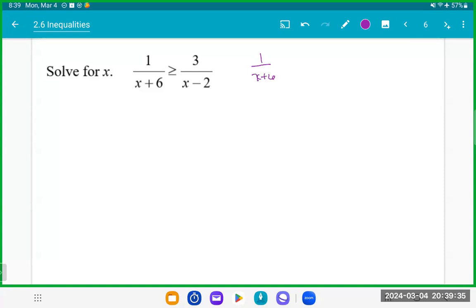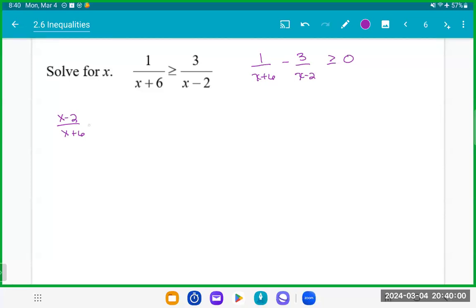I'm going to just minus the 3 over x minus 2 from both sides, and that is greater than or equal to 0. Okay. Now let's get a common denominator. So I'm going to multiply x minus 2 over x plus 6.